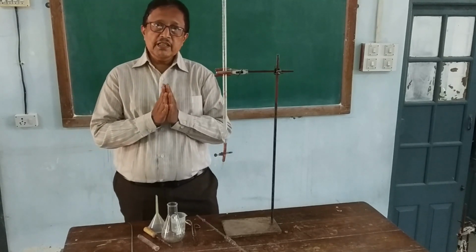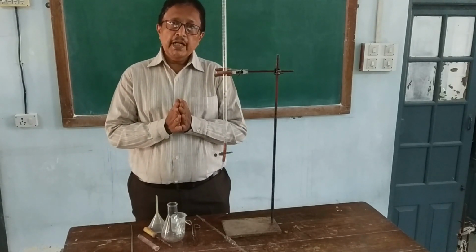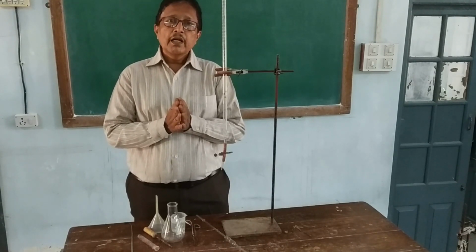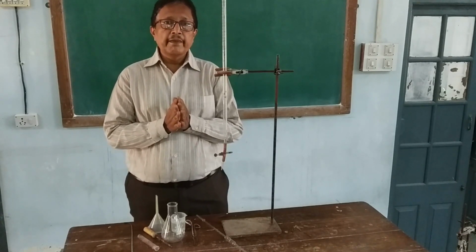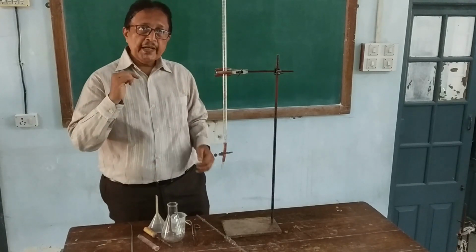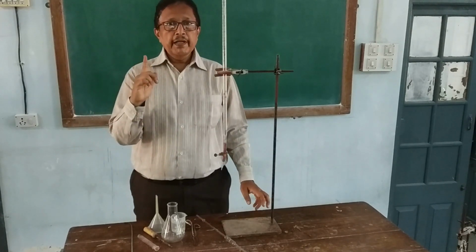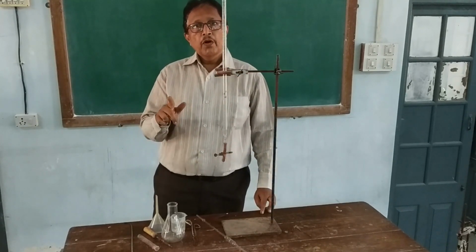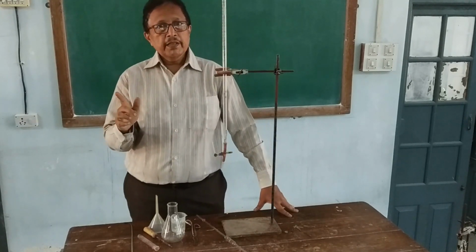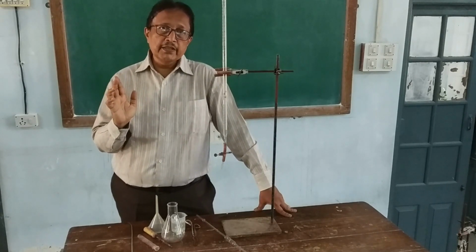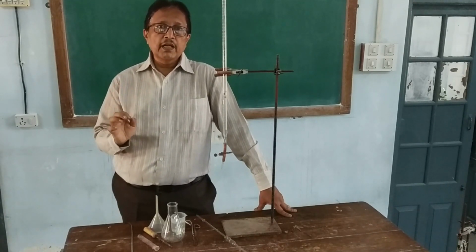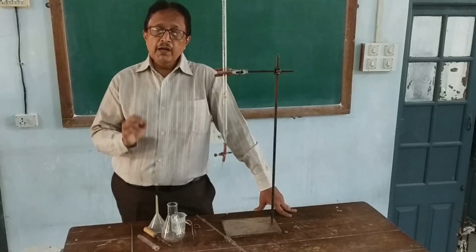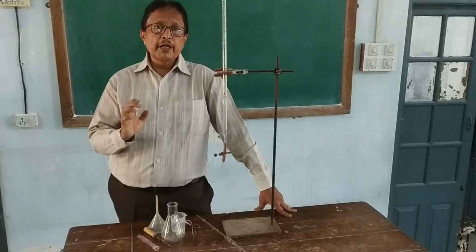Here certain discipline is required in how to perform the practical and keep yourself in discipline, because here so many chemicals are there, and if you misuse, misbehave or cause mischief, then there will be an accident. So it is a basic necessity that some discipline must be maintained in the laboratory.